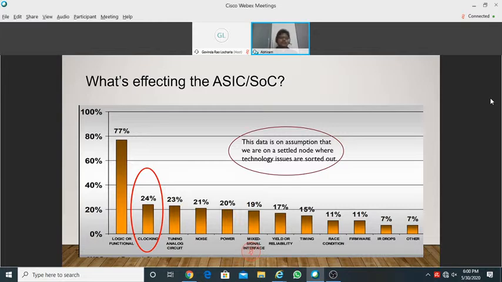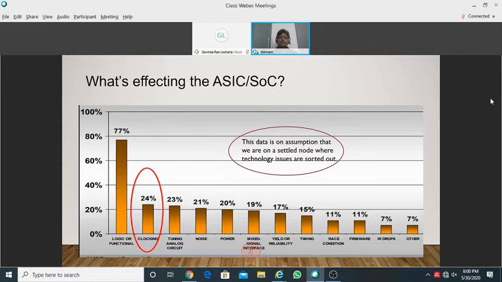Okay, so now we have seen the complexities of the SOC. We have seen what is driving the SOC, how complex it is. But now, if a silicon is not working, if your SOC is not working, how do you classify the failures? This is data which I just got from one of the company sites.